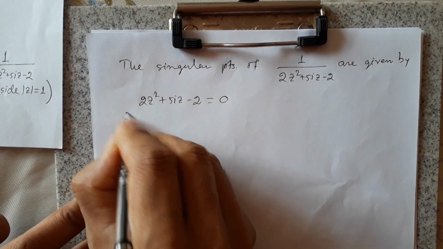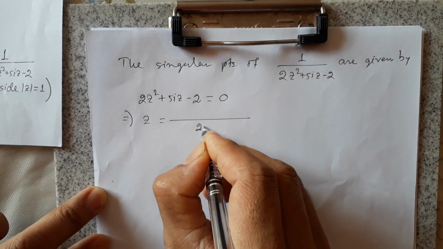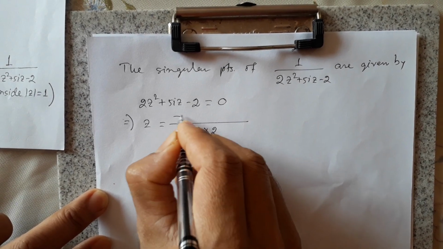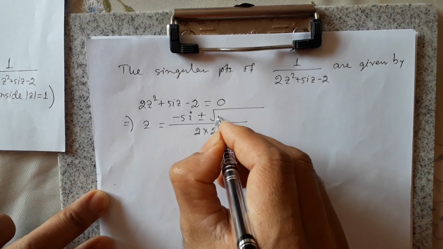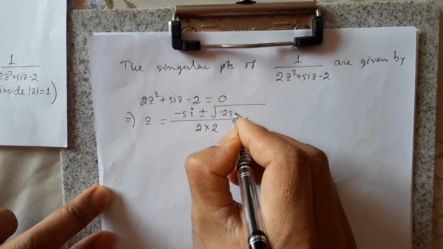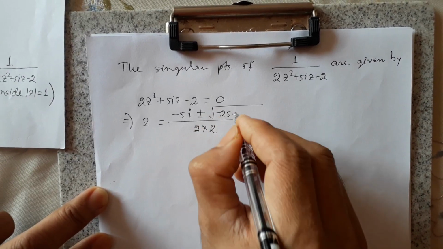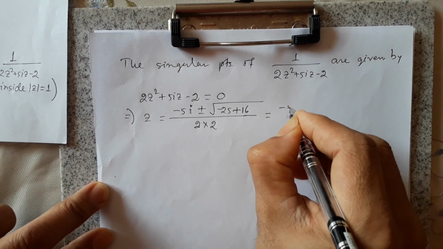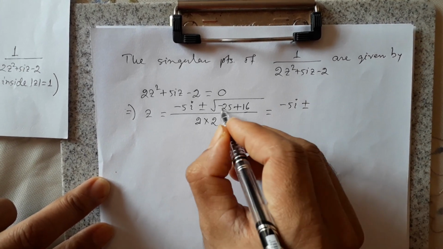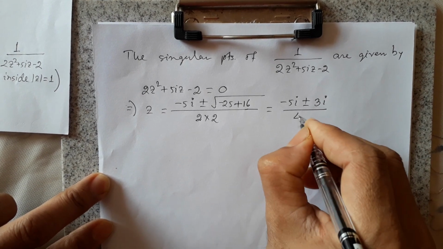If you solve it, it is minus 5i plus minus the square root of 5i whole square, that is minus 25, minus 4ac, that is plus 16, so this is minus 9, which gives 3i, all divided by 2 into 2, which is 4.